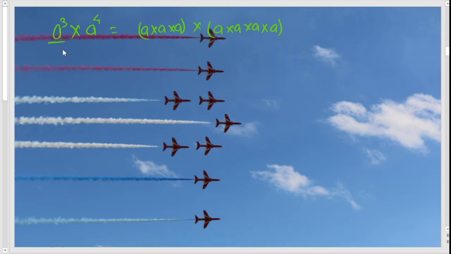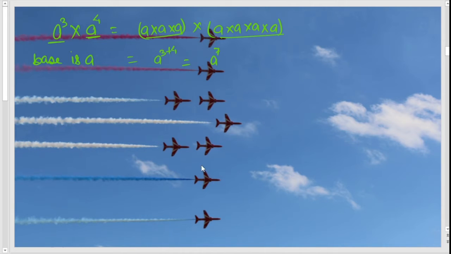Here the base is a for both. So when the base is the same, we can write a to the power 3 plus 4, so a to the power 7. That means when the base is the same, the exponents are added.